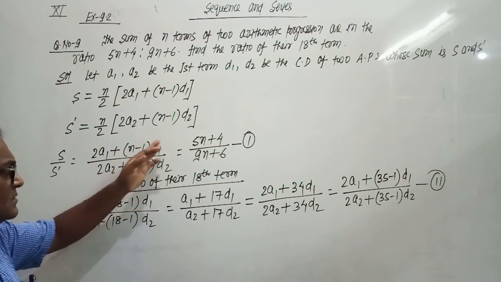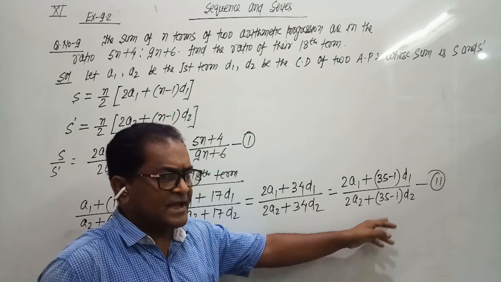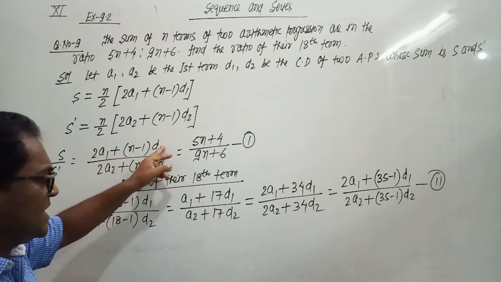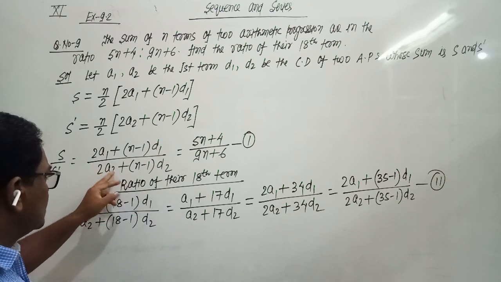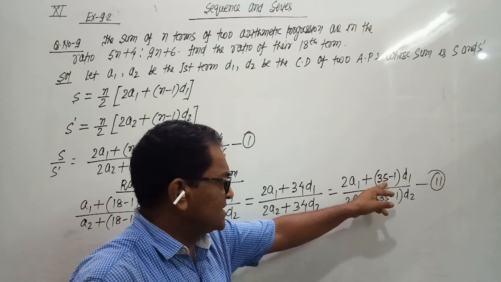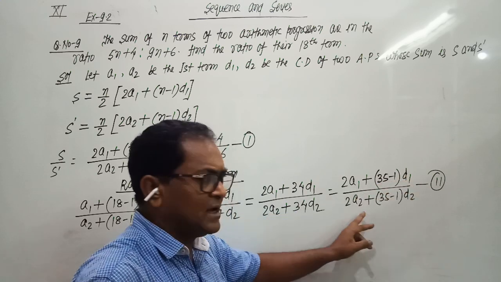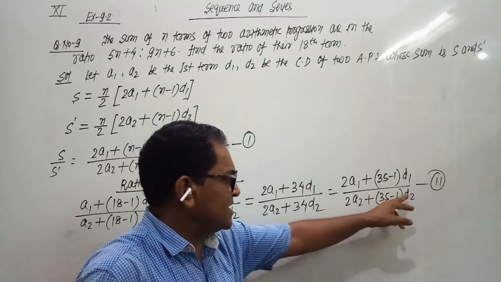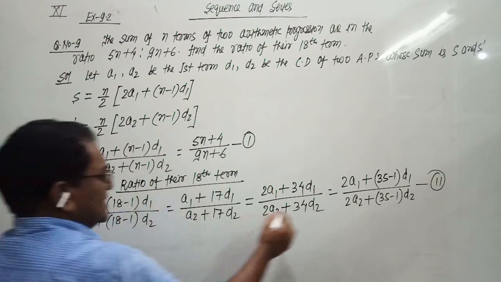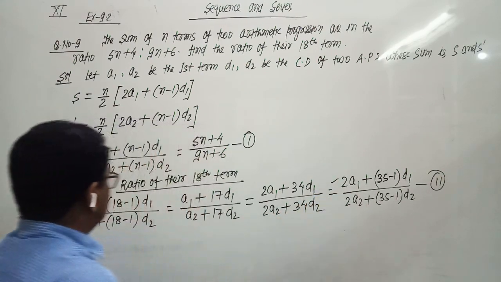Now compare the first and second equations. Here, 2A1 plus n minus 1 D1 upon 2A2 plus n minus 1 D2, and 2A1 plus 35 minus 1 D1 upon 2A2 plus 35 minus 1 D2. So these two are like terms.